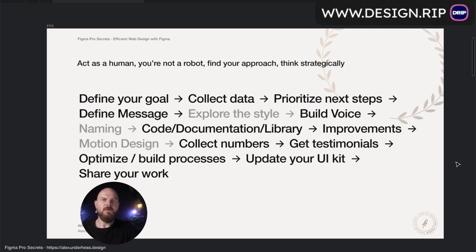Because after this course, or if you already know how to do some stuff, you will know even more how to do it. After this course you will learn why to do this or that thing. So even for these purposes, this lesson is about why to think strategically, why to define point A and point B, and why to create your own process, because it will help you to be more efficient and it will save you time and, most importantly, your mental health, because you will know exactly what to do.